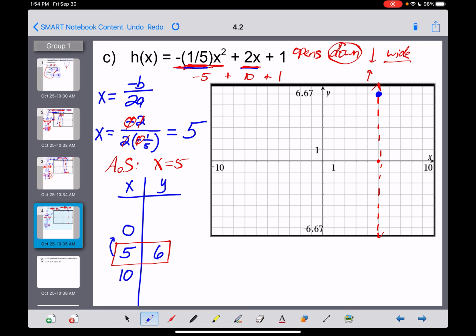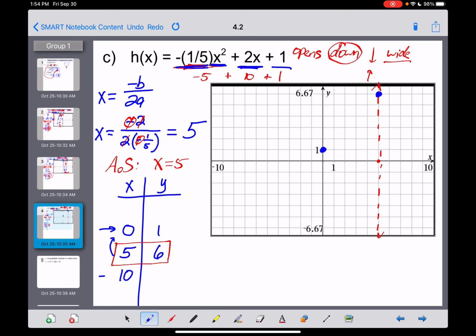Let's check it. If we plug in this 0 right here, let's see what happens. 0 squared is 0, times negative 1/5 is 0 as well. 2 times 0 is 0, so 0 plus 0 is 0, plus 1, we end up with a nice whole number of 1. And we get a solution right there at the point 0, 1.